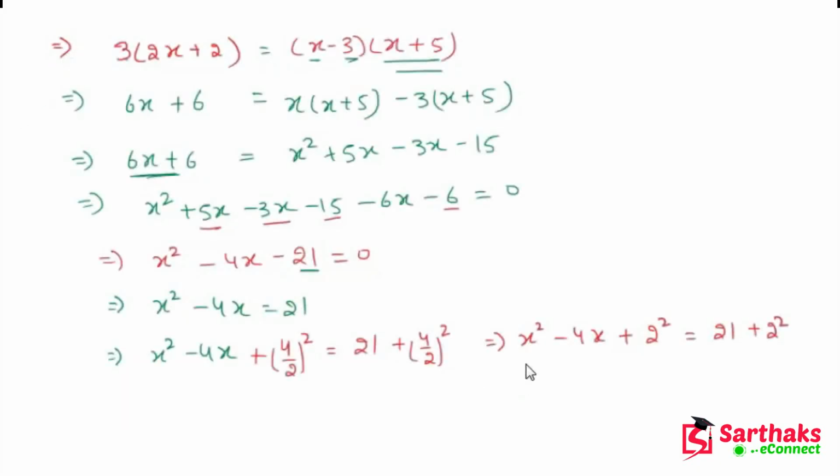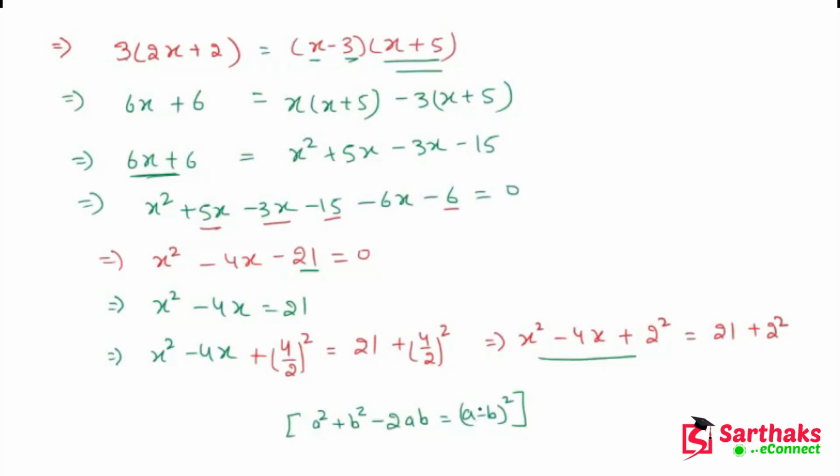Now after solving this, x square minus 4x plus 2 square follows the formula a square plus b square minus 2ab, which equals a minus b whole square.